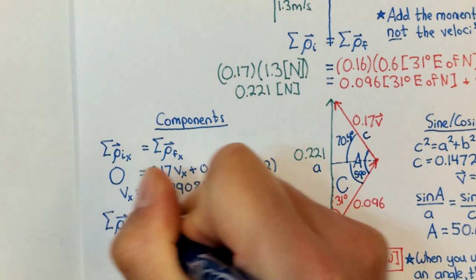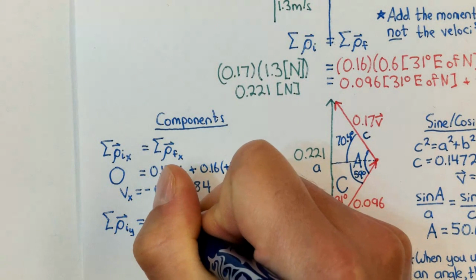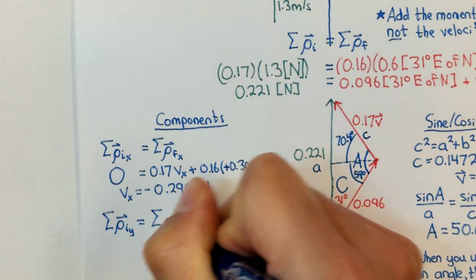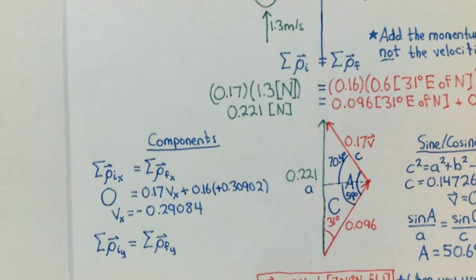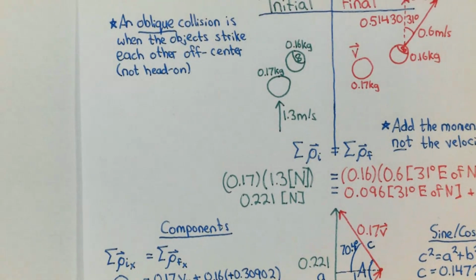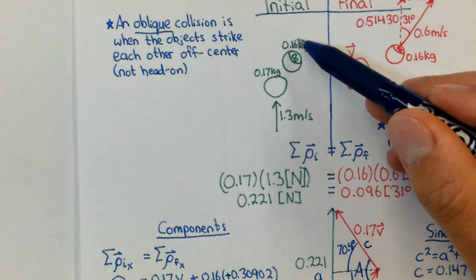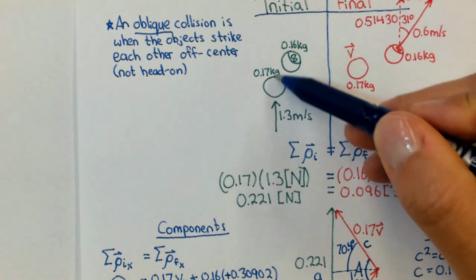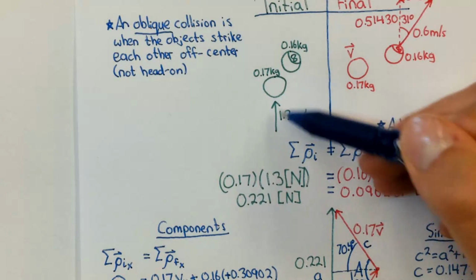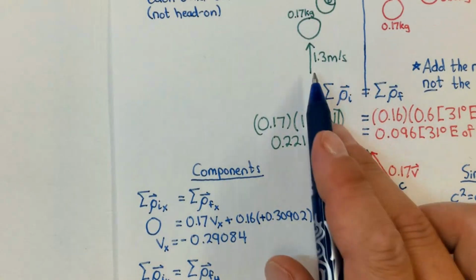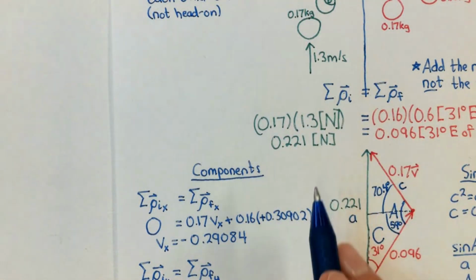Total momentum initial in the y direction equals total momentum final in the y direction. Well, initially, in the y direction, this guy has no momentum, and this guy has a bunch of y momentum, mass times its y velocity. So that'll be positive momentum.